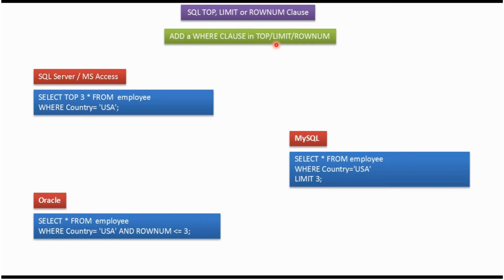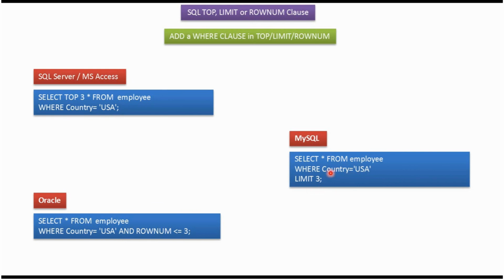Here we will see an example of how to add the WHERE clause in TOP, LIMIT and ROWNUM. SELECT TOP 3 * FROM employee WHERE country = 'USA'. So this query returns 3 records from the employee table where the country value is USA. SELECT * FROM employee WHERE country = 'USA' LIMIT 3.